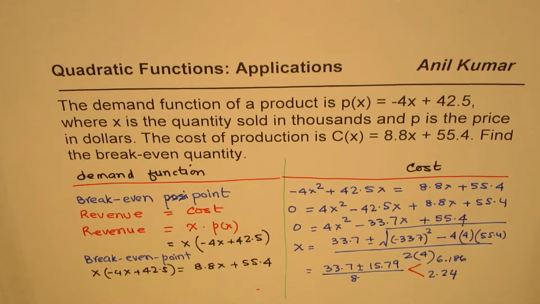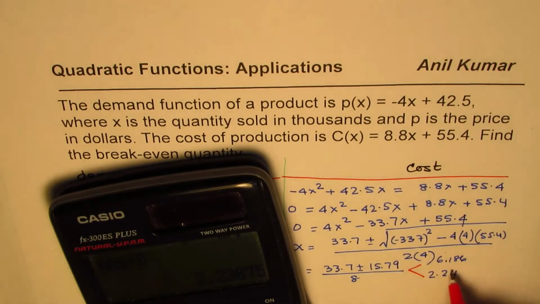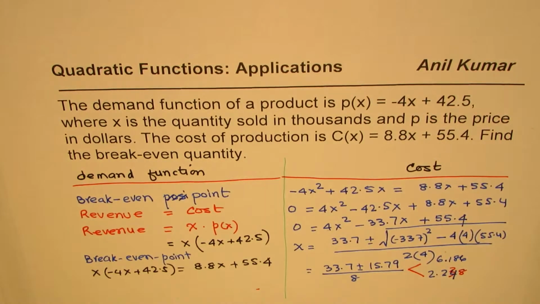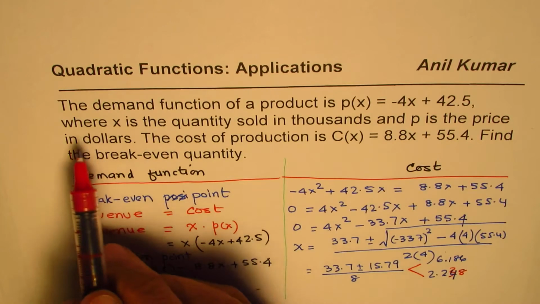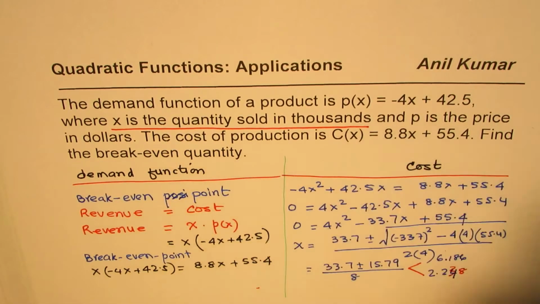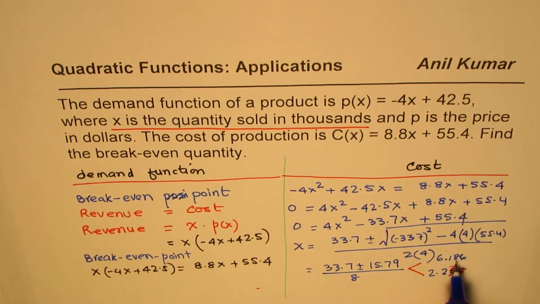Now let's look into the question. We could write 2.238 or 2.239, it doesn't matter. x is the quantity sold in thousands, right? So many thousand pieces.